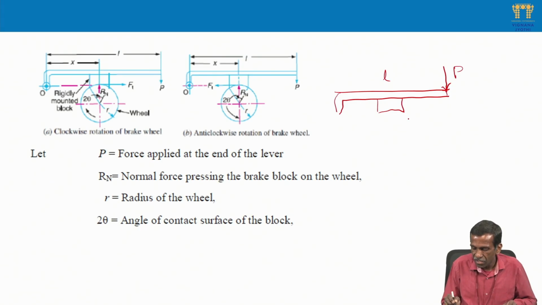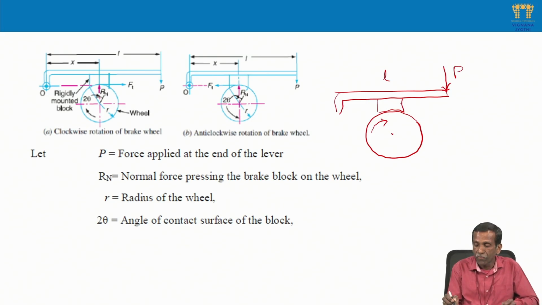A vehicle or any system has a rotating element, a wheel or drum, rotating let us say clockwise. If you apply the effort and make the shoe contact the rotating drum, then we are exerting a pressure on the drum against the rotation, retarding or stopping the motion of the wheel.